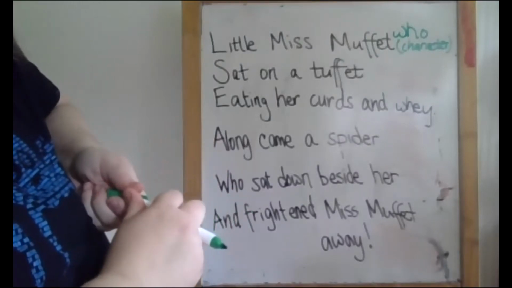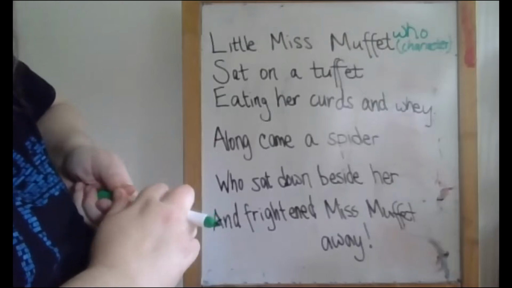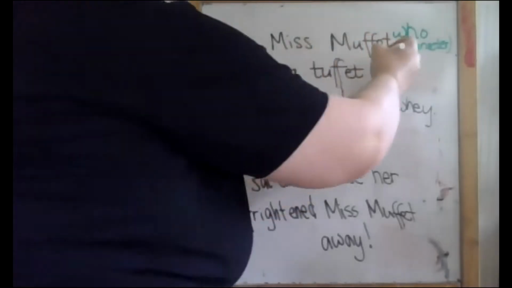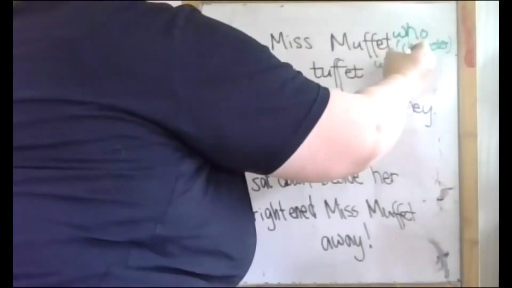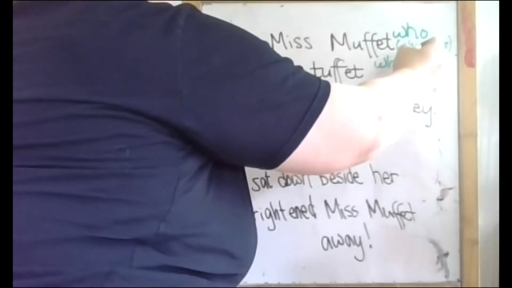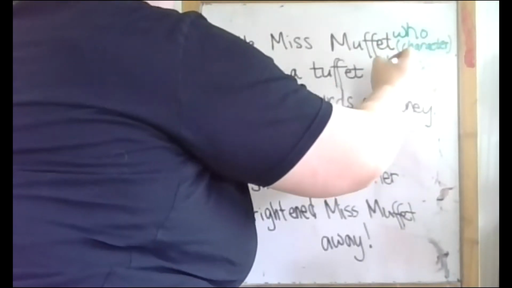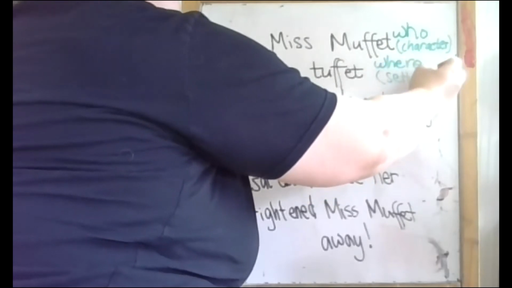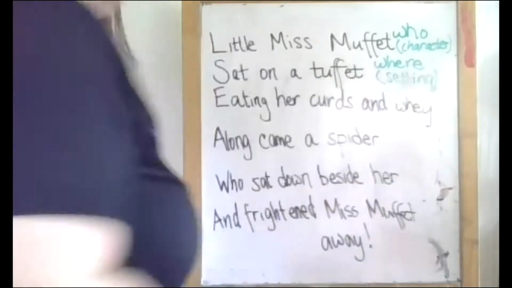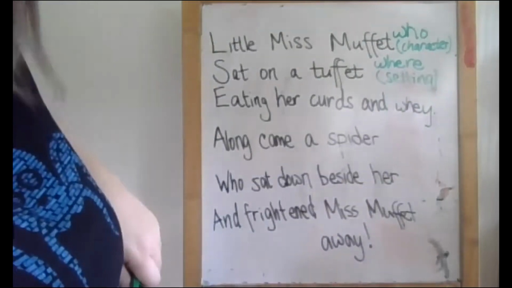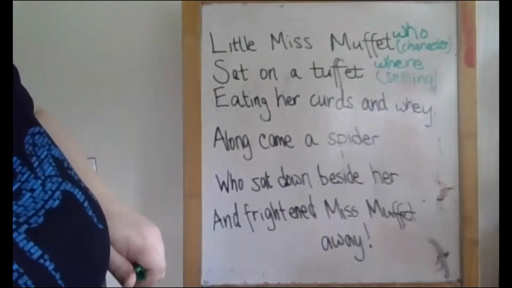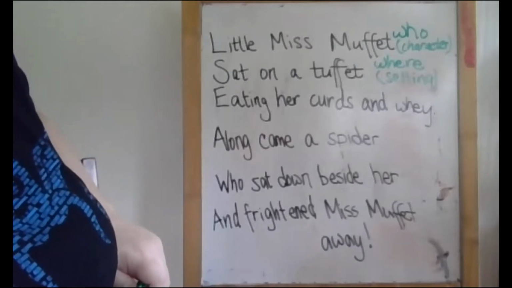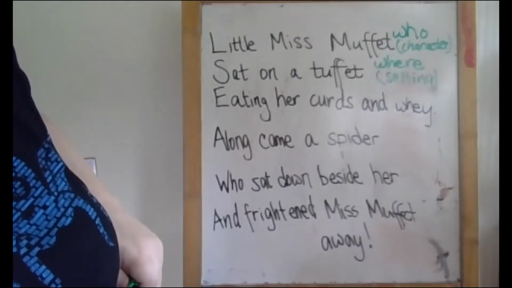Our next line is, sat on a tuffet. This line tells us where. In writing or stories, we call that the setting. That is where and when, the place that the story is happening.